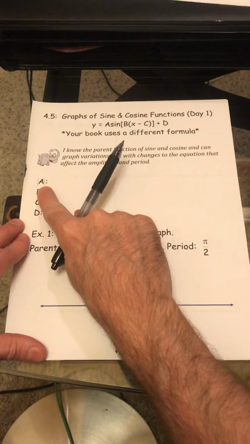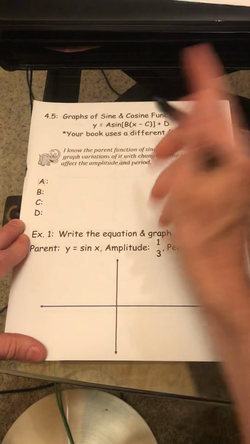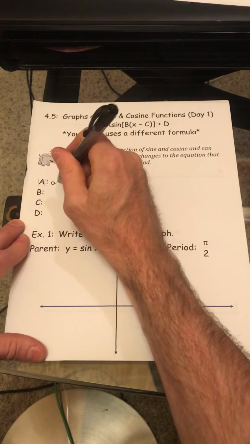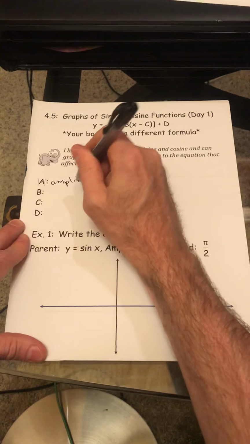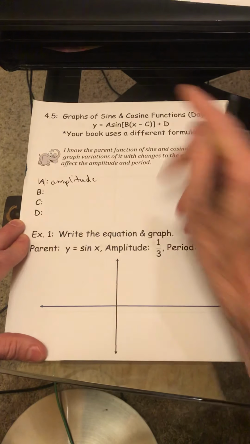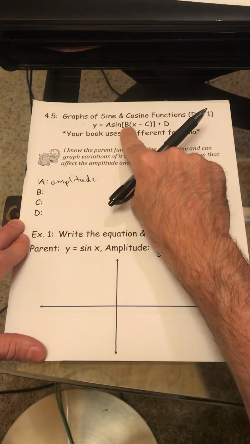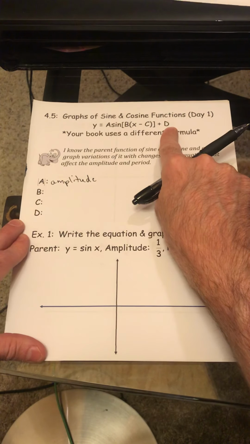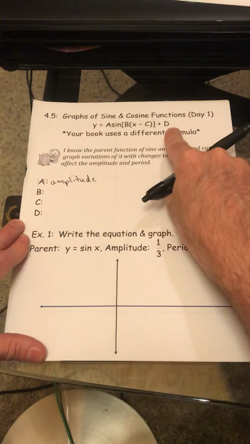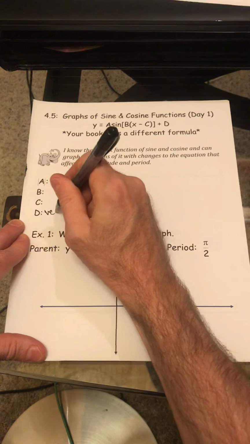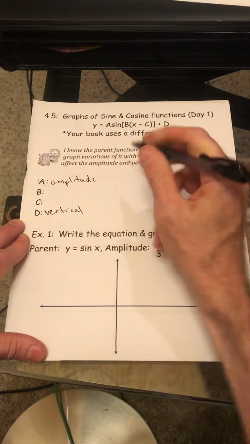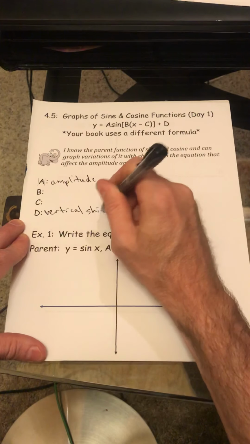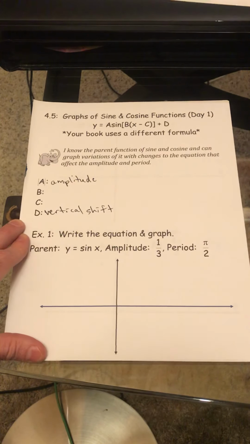Well, as far as what A, B, C, and D are, A represents the amplitude. As far as these other two, I know I am going to go a little out of order here. A is your amplitude. D is your vertical shift.